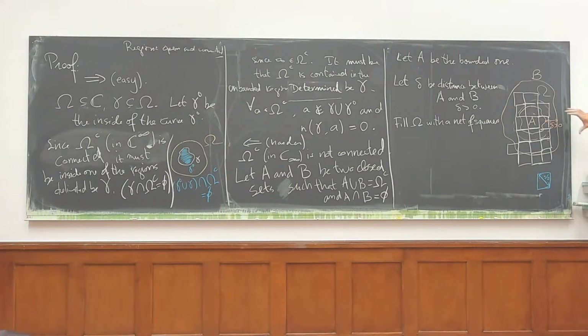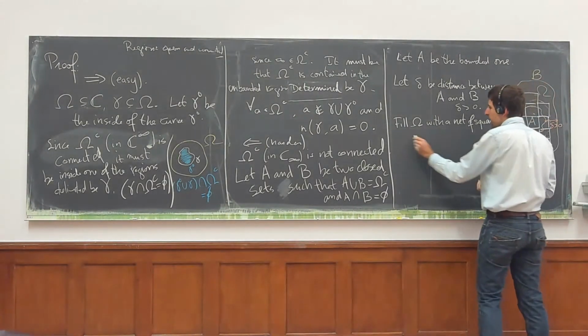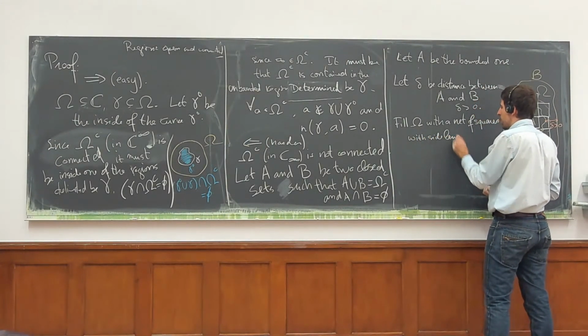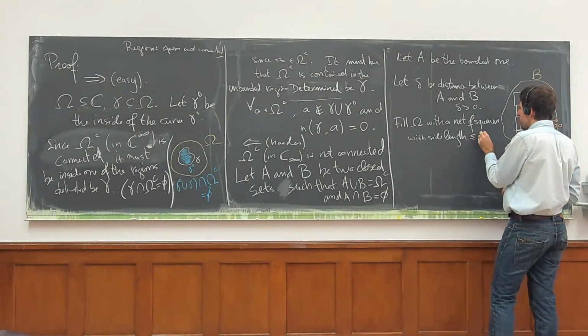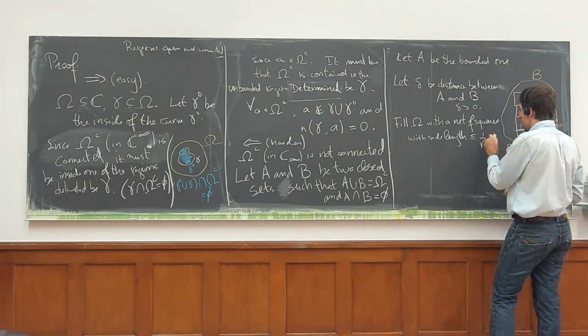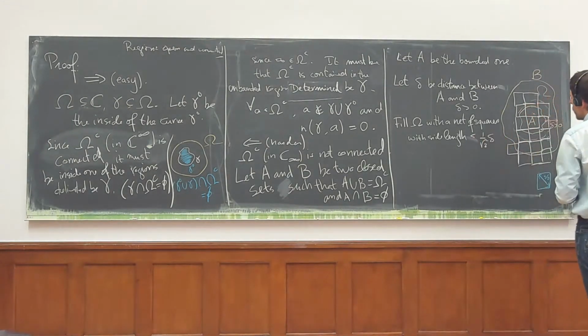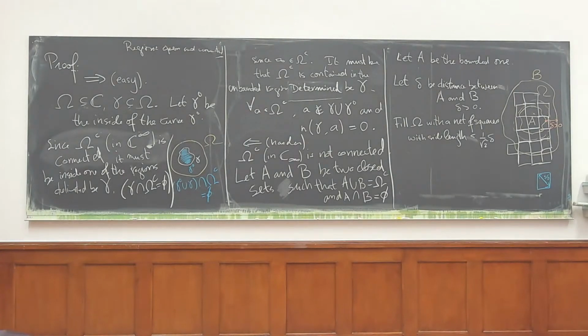Because if I do that, I make sure that I never get in the same square something from A or B. So the net of squares with side length smaller or equal than 1 over root 2 delta, right? Because if the side length is smaller than that, then this is smaller than delta, and so I can never touch both sets with just one square. Okay.